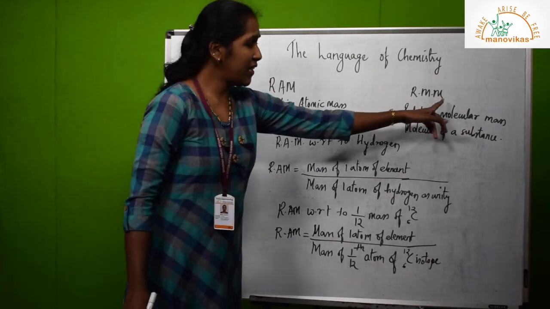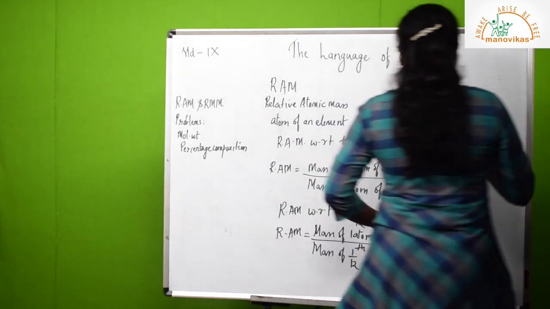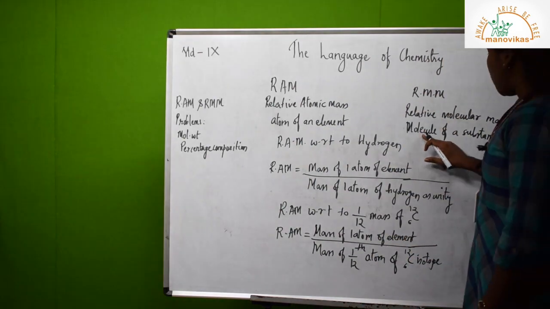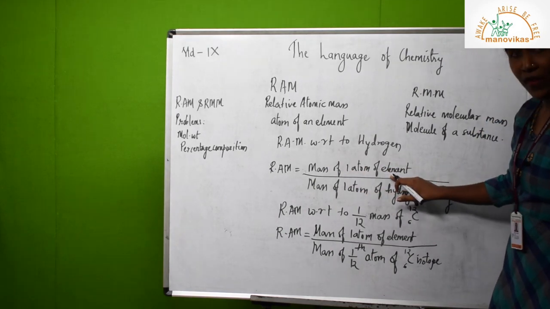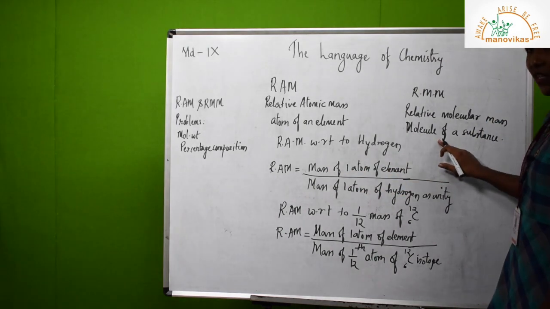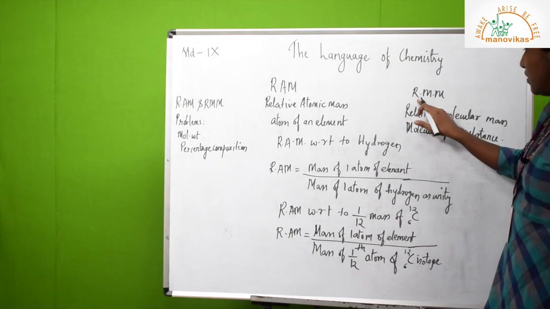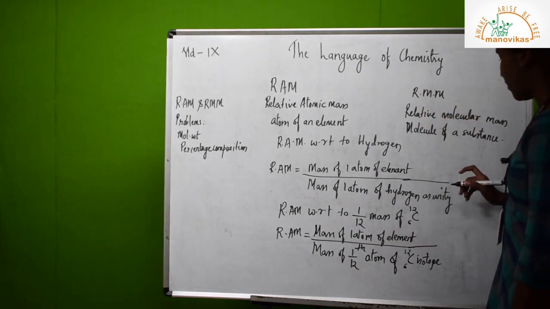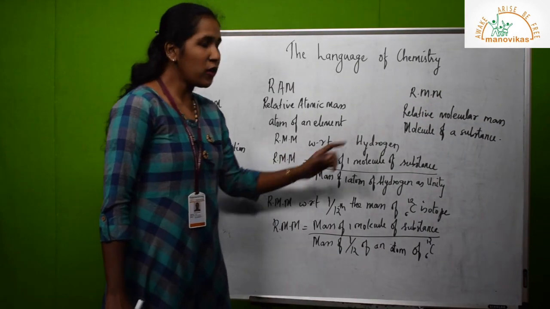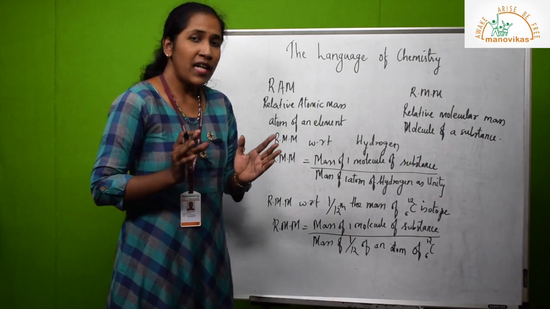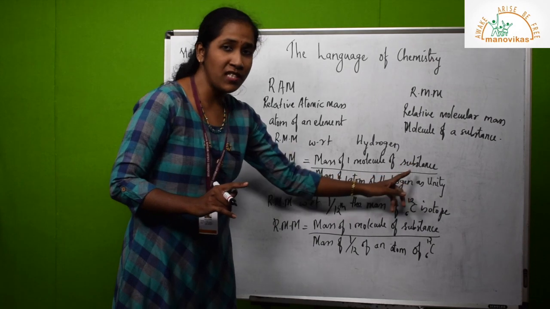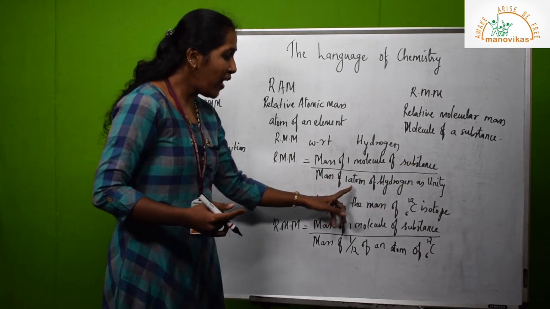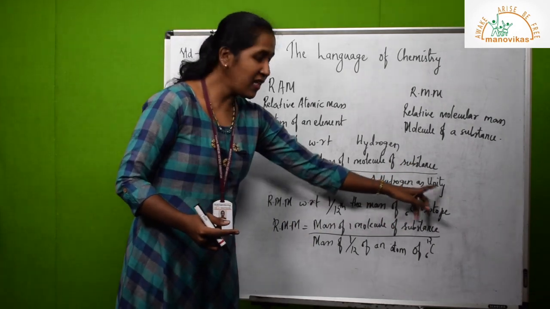Now we will say relative molecular mass. In this, you have to use a molecule of a substance wherever you were using one atom of an element. Relative molecular mass with respect to hydrogen is the number that represents how many times one molecule of a substance is heavier than one atom of hydrogen taken as unity.